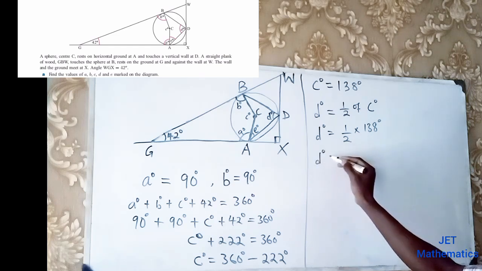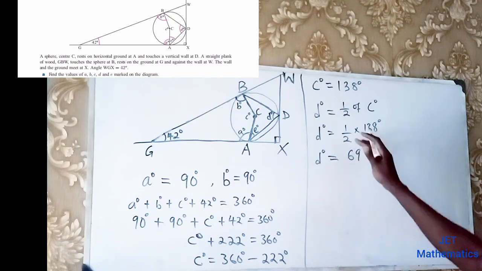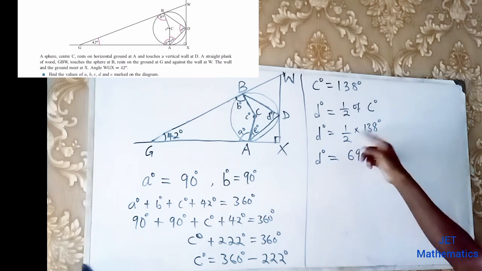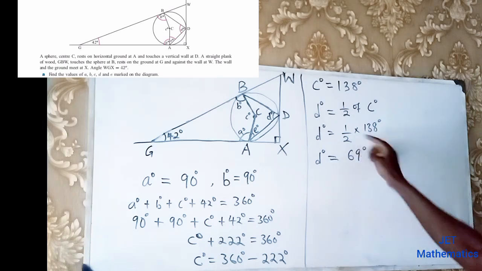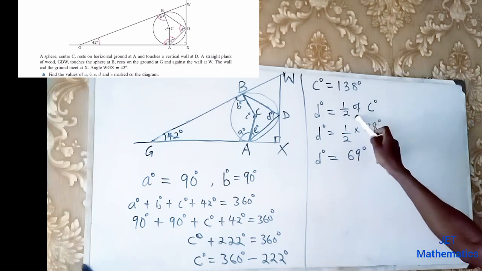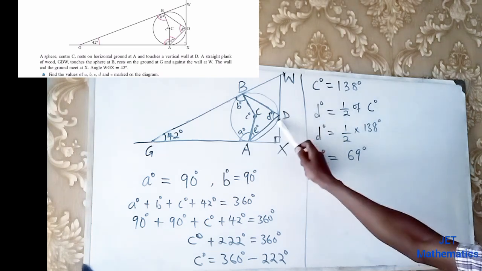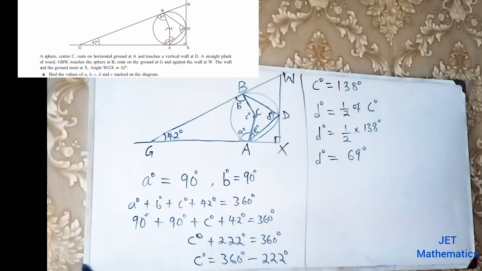When you calculate 138 divided by 2, you get 69 degrees. So remember, the theorem we applied here is that the angle at the center is twice the angle at the circumference.